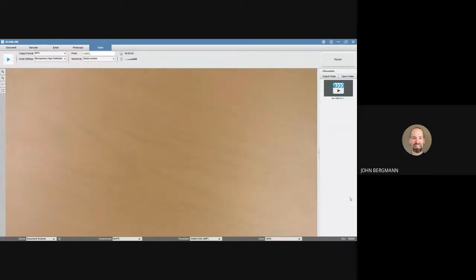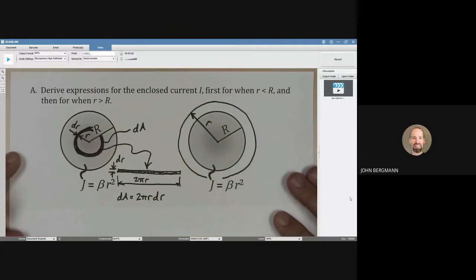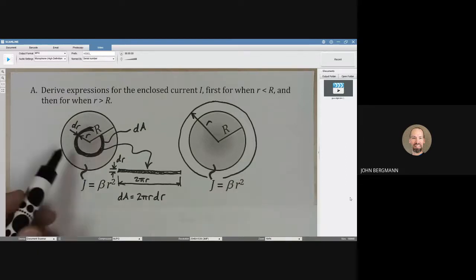Enough of the background. What we have here is a thick wire, and the current density is changing as we go away from the center line of the wire.